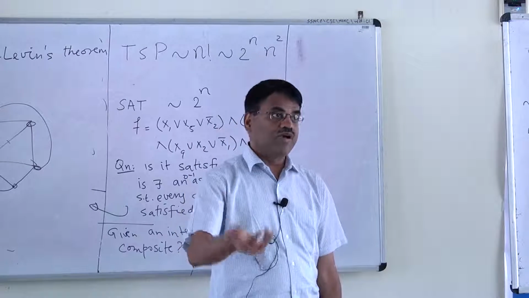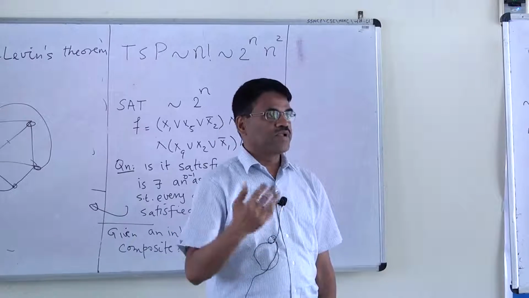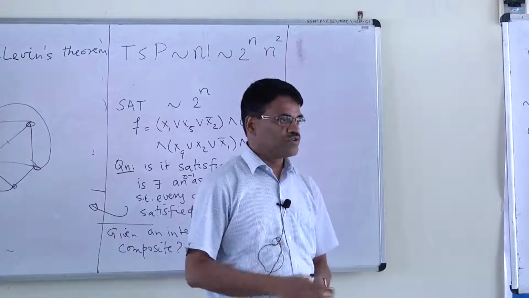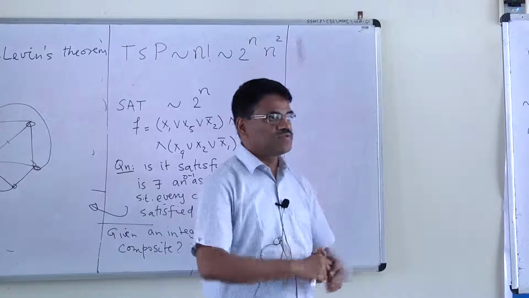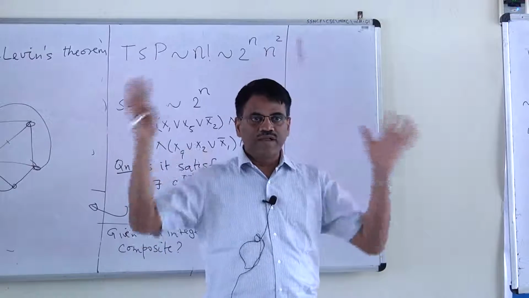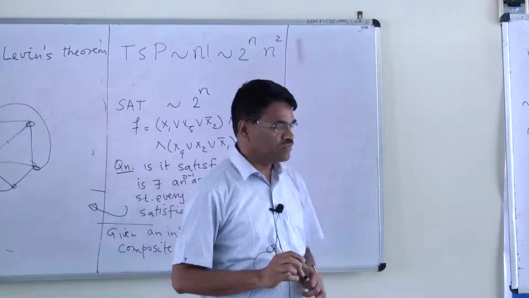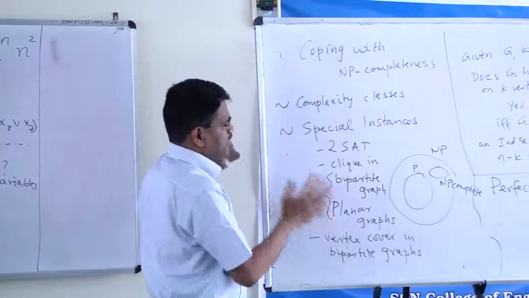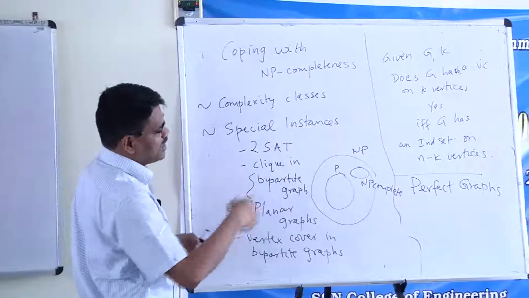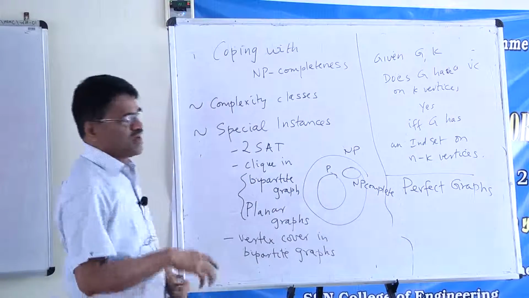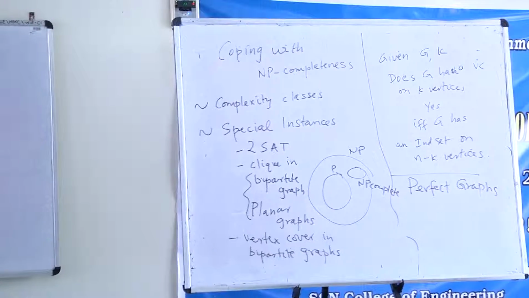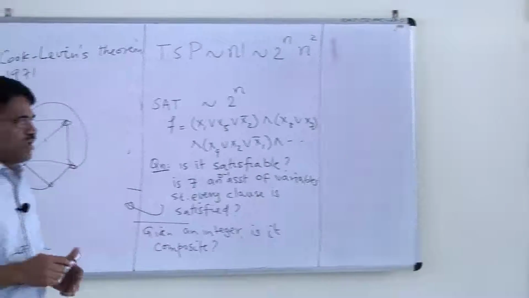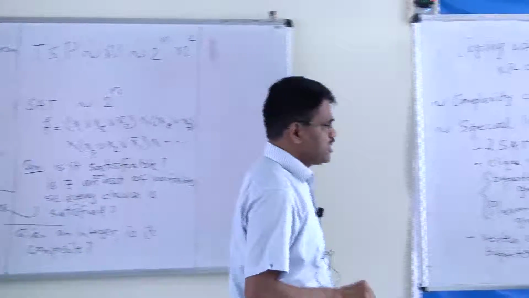In fact, in the real world, your graphs are probably not very general, so you can exploit some input properties and design polynomial time algorithms, even though the problem may be NP-complete in general graphs. So you can see papers talking about polynomial time algorithms for this problem on this kind of graph. This is one approach to deal with NP-completeness.